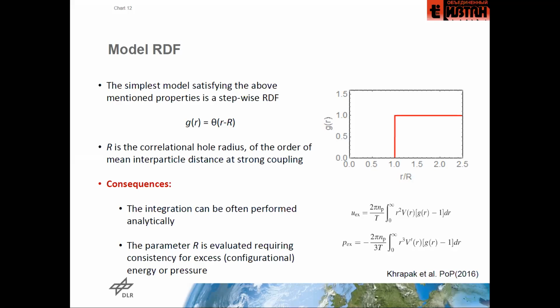The advantage of such a simple model, which is not relatively far from the actual radial distribution function, is that in many cases, for many potentials, the integration can be performed analytically, and then we obtain very simple explicit analytical expressions for the dispersion relations. I will show in a minute how it works for various cases.